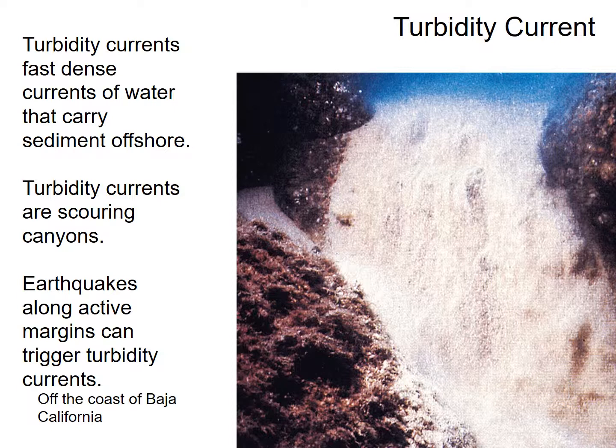So these turbidity currents are fast, dense currents of water that carry sediments offshore. These turbidity currents are scouring out the canyons. And earthquakes along active margins can trigger these turbidity currents.